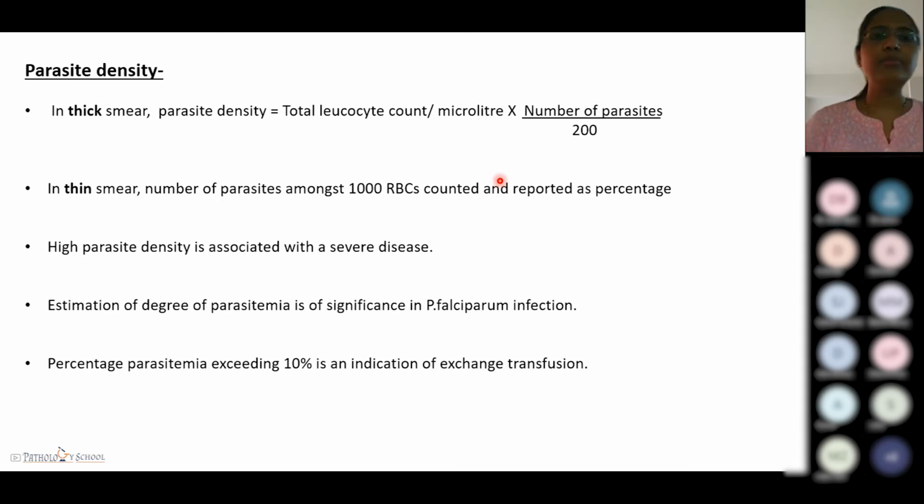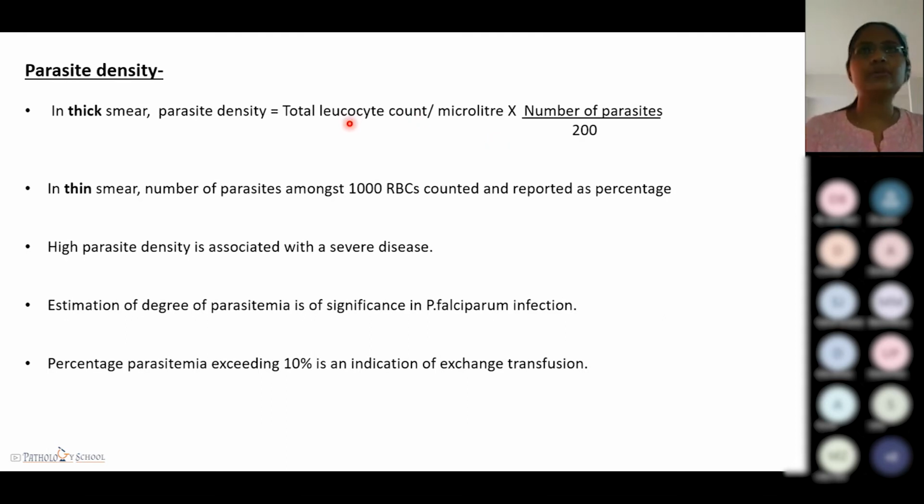So, in cases of Plasmodium falciparum infections, we have to give the parasite density, because high parasite density is associated with severe disease, and when the degree of parasitemia exceeds 10%, exchange transfusion is given.